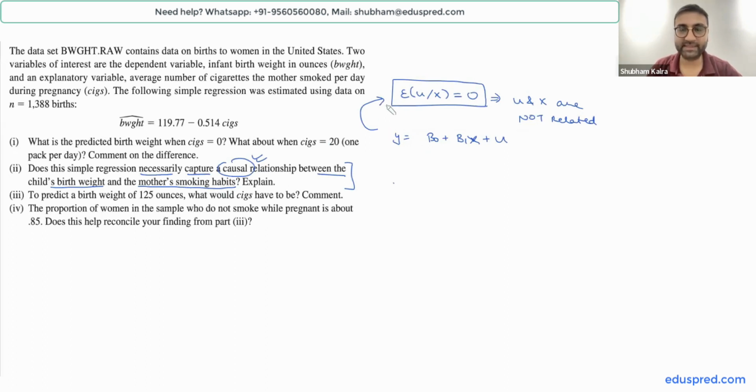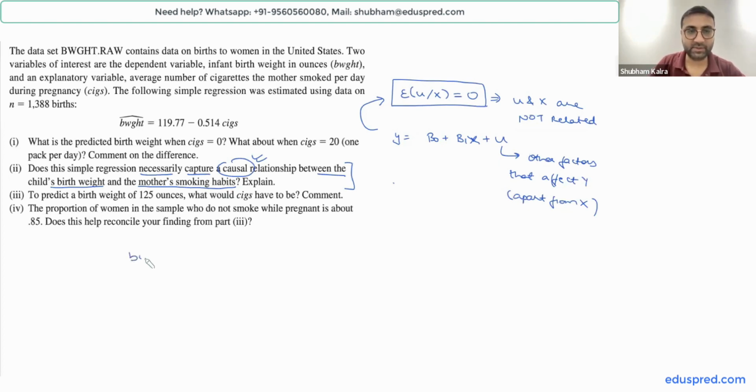However, if your u and x are related, then we cannot talk about a causal relationship. Okay. And what is it that u is representing over here? U is representing the other factors or the other variables that affect y apart from x. So apart from x, whatever other factors affect y, all of those factors are there in u, right?